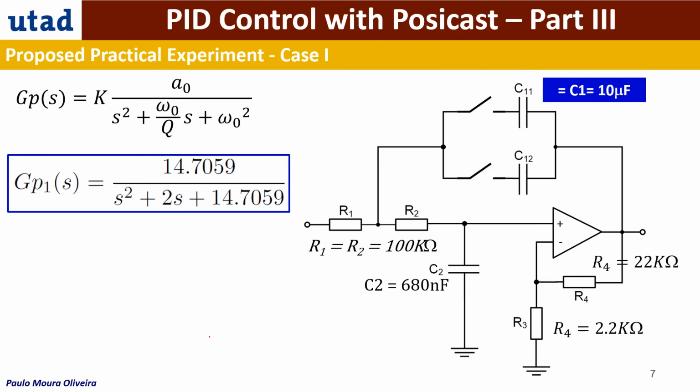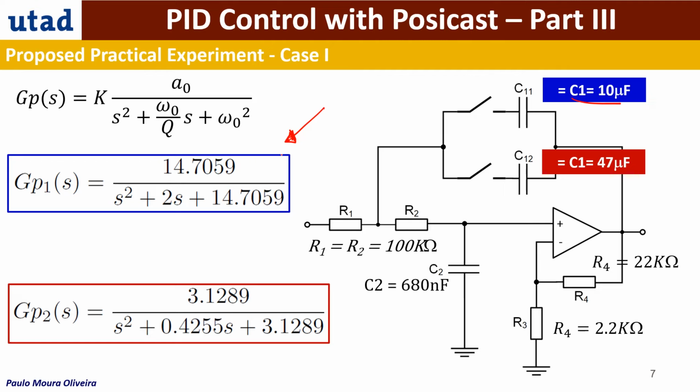If you use the C11, this value, this is the second order transfer function that we obtain. And if we use the second one, this is the transfer function that we obtain. So this is wrong. Don't forget about this.